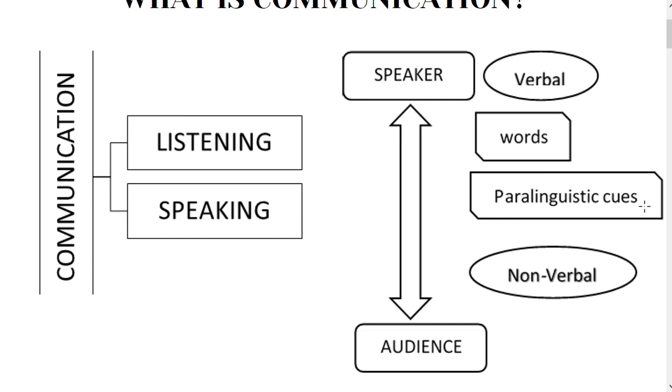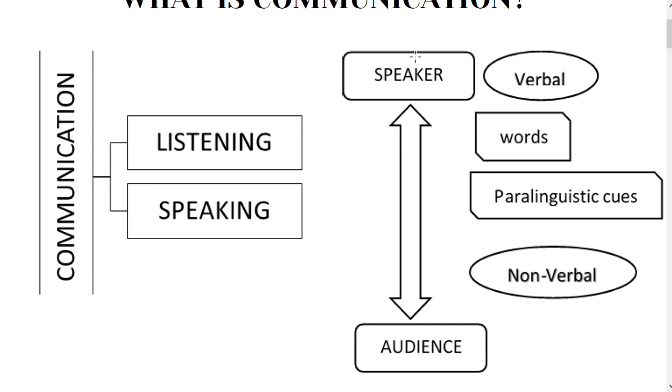Paralinguistic cues are your accent, how loud or soft your speech is, your rate, how fast or slow you speak, and how thick your accent is. All of these affect how the audience understands your message. And then the non-verbal communication is your body language, which is your gestures, your facial expression, and so on.